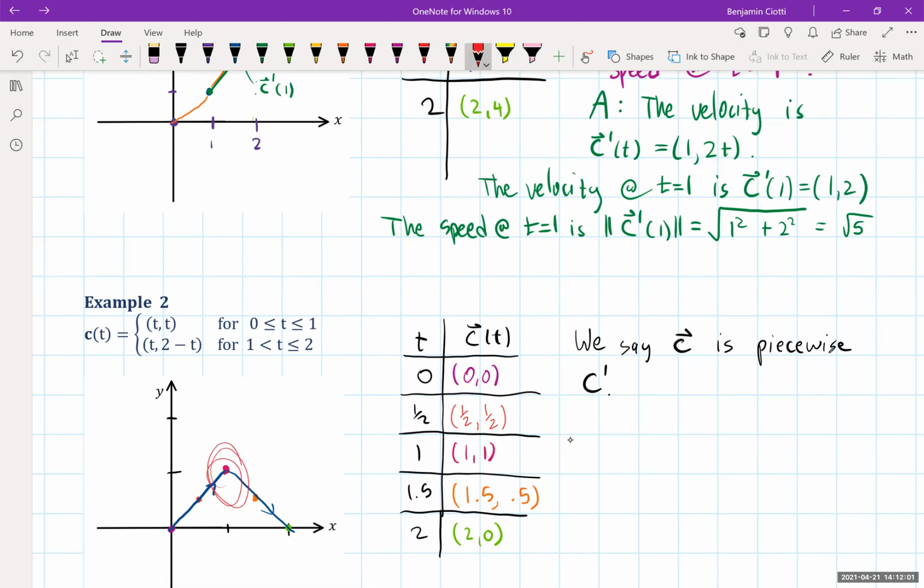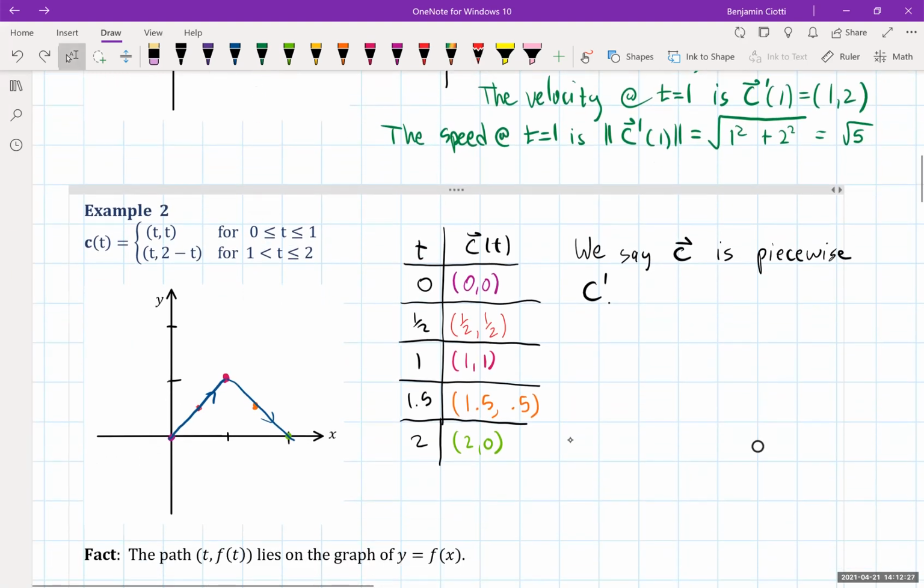Right at this point here, the curve is not differentiable. Which way would the velocity be pointing? Would it be pointing that way or that way? The derivative would not be defined right at that point. But on the first piece and on the second piece, respectively, it is C1. So for that reason, we would say that this is a piecewise C1 curve.